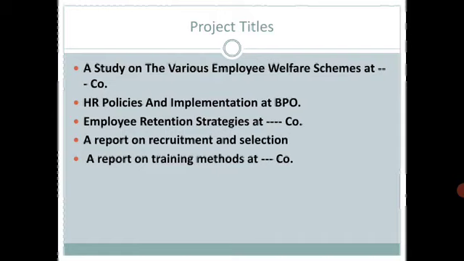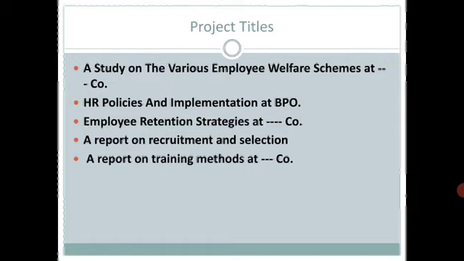It might be to study the various HR policies and implementation of those HR policies in so and so company. This might be one of your objectives. The second objective might be to study the impact of HR policies on performance of employees. The third might be to study the relation between HR policies, implementation and BPO working. These might be the objectives related to project title number 2.